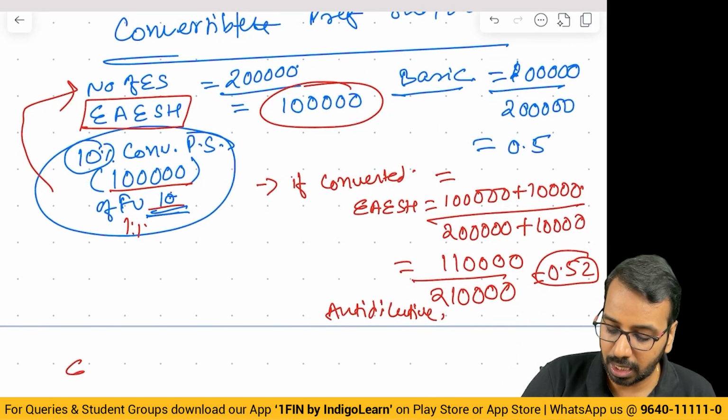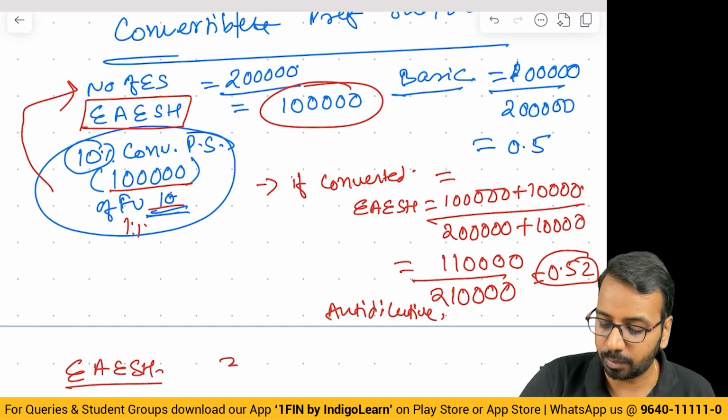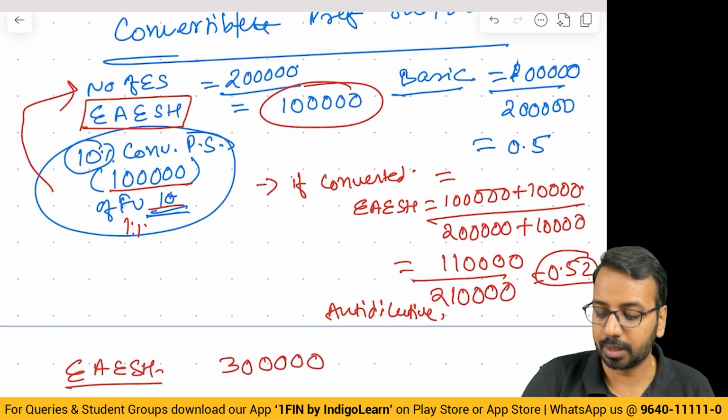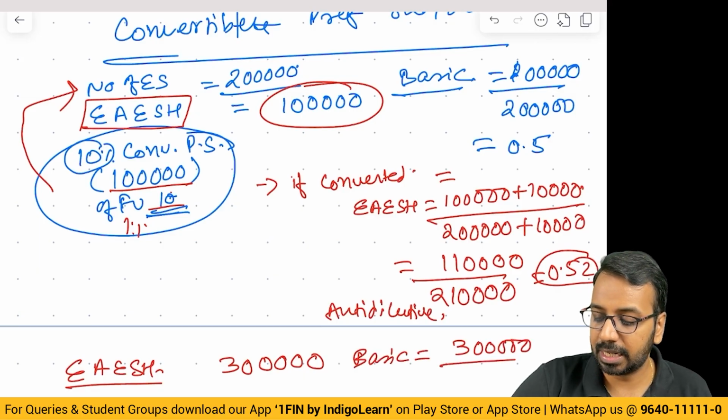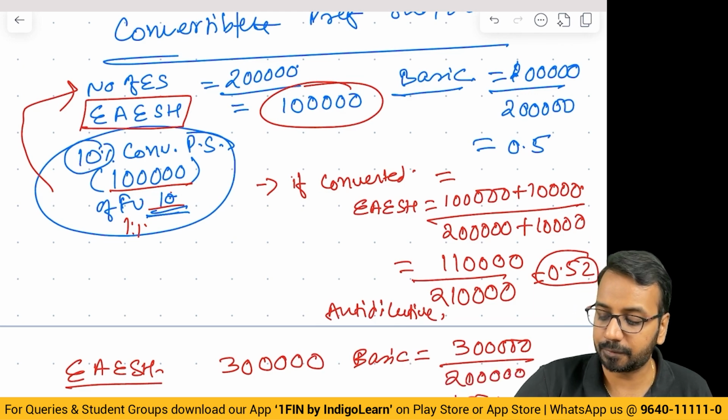Assume for a moment earnings available to equity shareholders was not 1 lakh, but it was 3 lakhs. So basic EPS is equal to 3 lakhs divided by 2 lakhs. This is 1.5.